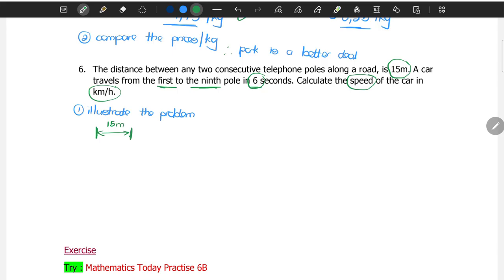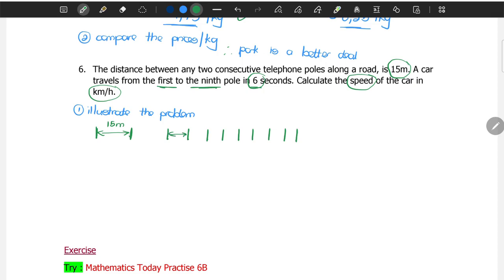But then we're told that it travels from the 1st to the 9th pole, right? So now we have 9 of these poles. So let's say when they're 9, we have 1, 2, 3, 4, 5, 6, 7, 8, 9.